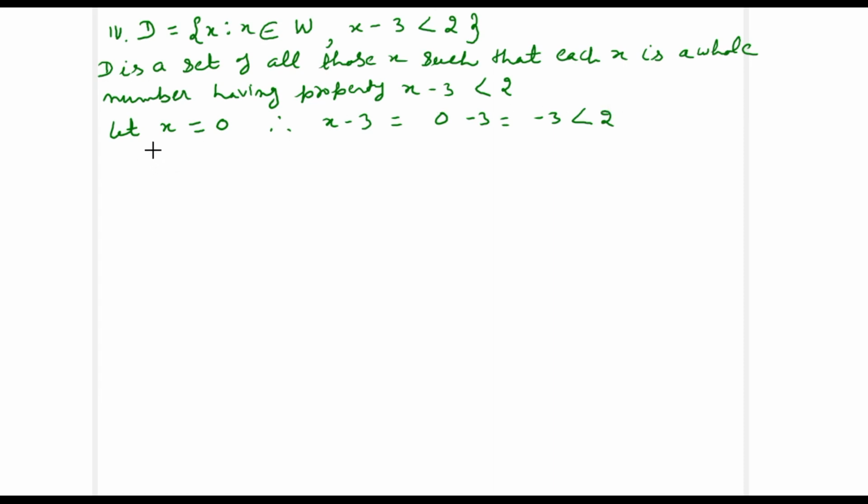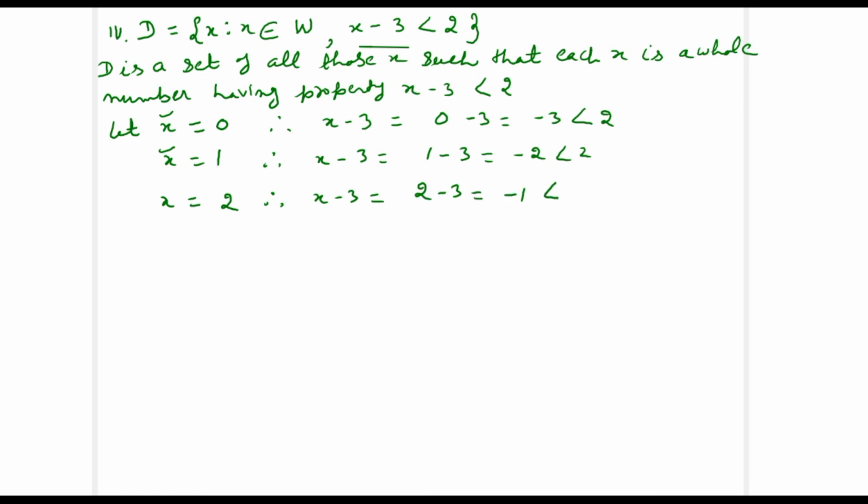Now x equal to 1. Therefore x minus 3 would be 1 minus 3, this is minus 2, which is also less than 2. This is satisfying our condition. So x equal to 2. Therefore x minus 3 would become 2 minus 3, that means minus 1. It is also satisfying our condition. Minus 1 is less than 2.